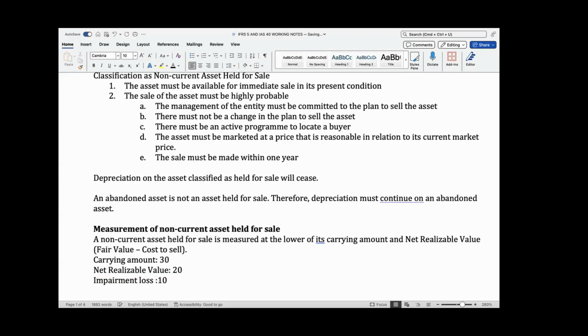You see, a very intelligent student here would argue, why are we calling it impairment loss, Mr. Wasif? This is against IAS 36. Because IAS 36 requires that impairment loss is the excess of an asset's carrying amount over its recoverable amount. And recoverable amount is the higher of net realizable value and value in use.